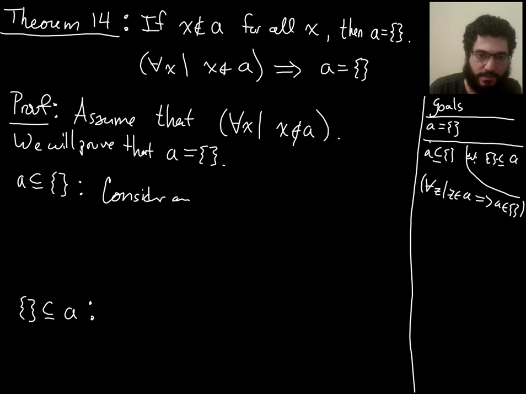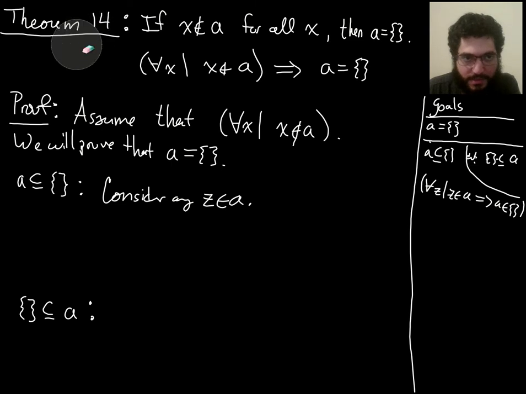So consider any Z, now assume that Z is in A. How about consider any Z in A? Do that all at once, like we did in the previous lecture. Now I must prove that Z is in the empty set.